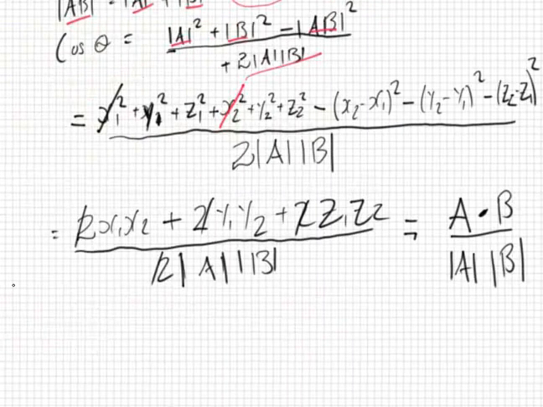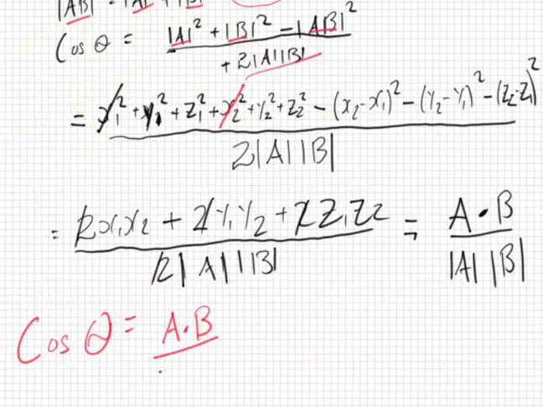Anyways, we have our result. You can say cos of the angle between the vectors will equal A dot B divided by magnitude of A times magnitude of B. And these are all vectors.